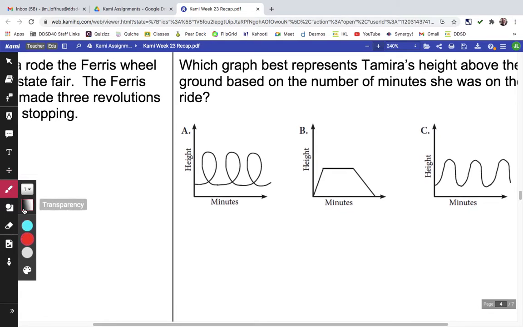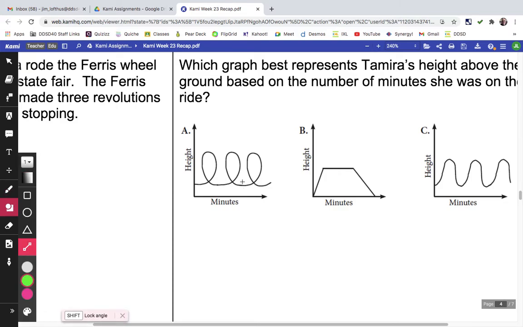Okay, so you're coming back. And what we can do is just look at time and height. So this is kind of like getting on the Ferris wheel.